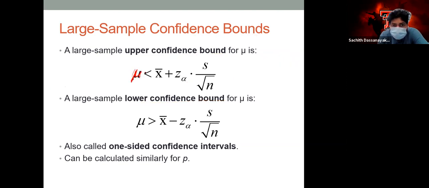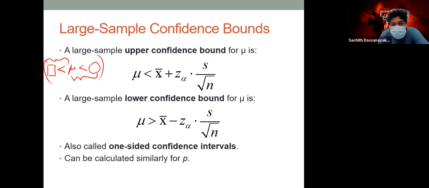Upper bound means mu less than something. Lower bound means definitely mu greater than something. This is like the interval we discussed last time, but now we need these two pieces separately.